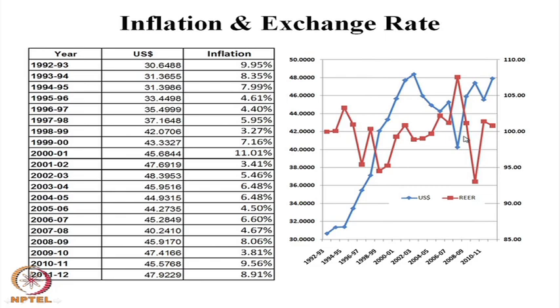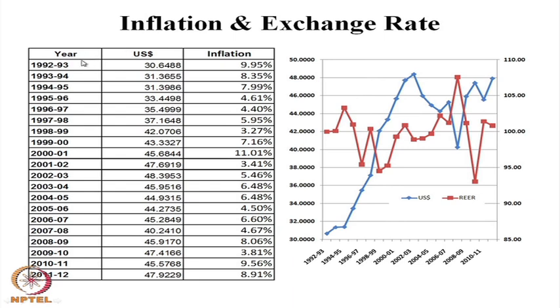Similarly, I have identified the relation between inflation and the exchange rate. When there is more inflation, the value of export earnings and imports changes. Looking at inflation and the US dollar exchange rate, when there is more inflation, the real interest parity hypothesis works here, because the actual value of the rupee will decline because of high inflation, and when the actual value of the rupee declines, the rupee will depreciate against the US dollar or any other foreign currency.